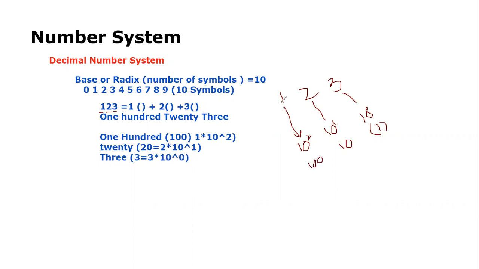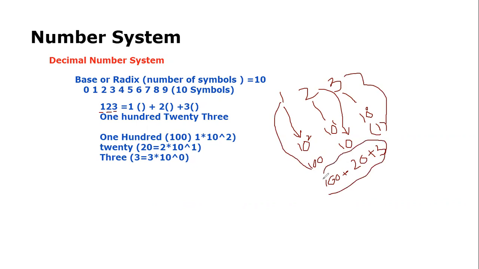So 1 multiplied with 100 is 100, plus 2 multiplied with 10 is 20, and 3 multiplied with 1 is 3. That is the actual figure 123.